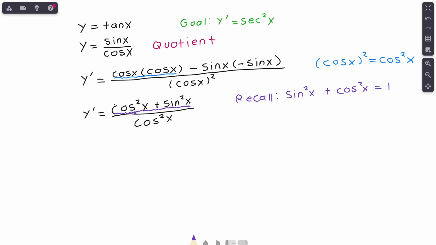It doesn't matter the order that we add things in. So this right here is the same thing as sine squared x plus cosine squared x, and we know that that is equal to 1. So this whole numerator is just 1. Isn't that pretty amazing? So our derivative is 1 over cosine squared x.